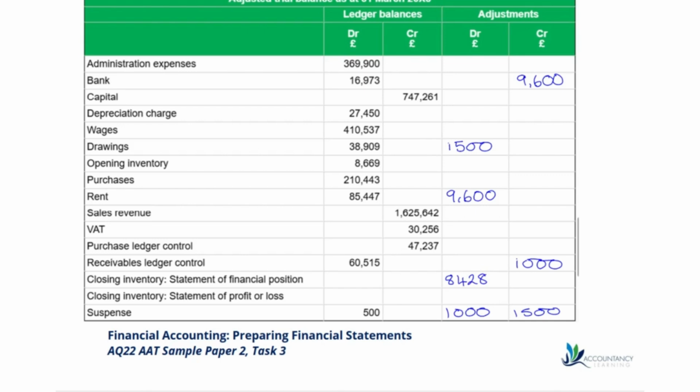And it's part of our cost of sales formula in our profit or loss, which is our credit. So again, our journal balances. And you can see there we've got a £500 difference in our debits and credits for our suspense account, which then cancels out the original 500 debit.